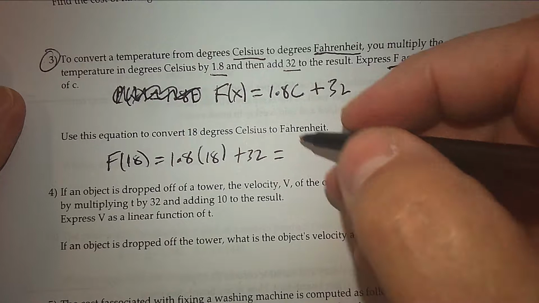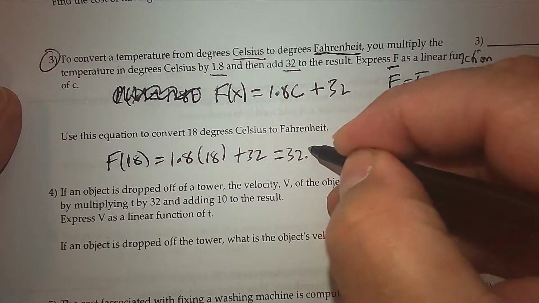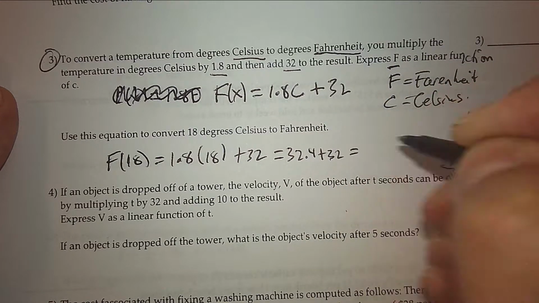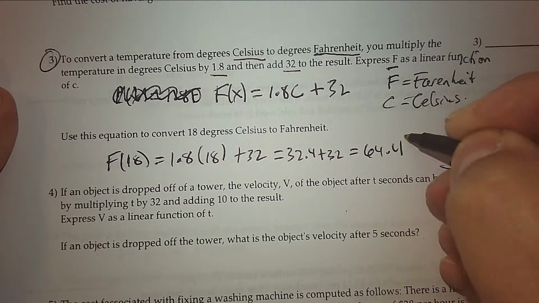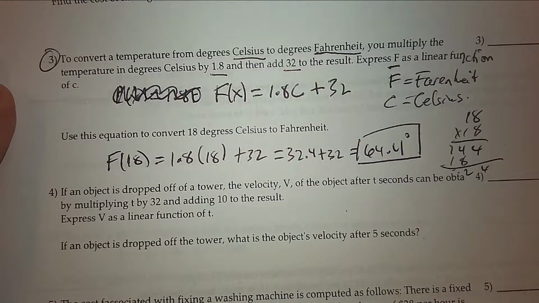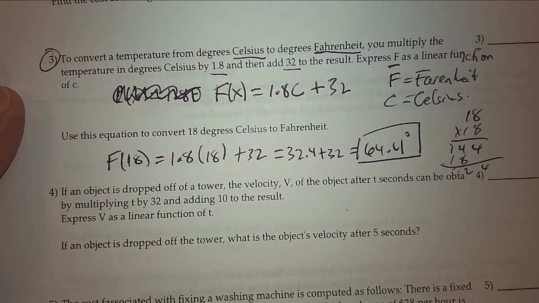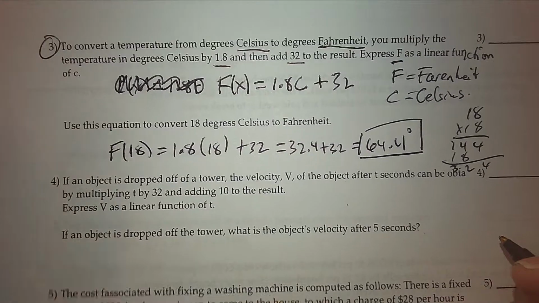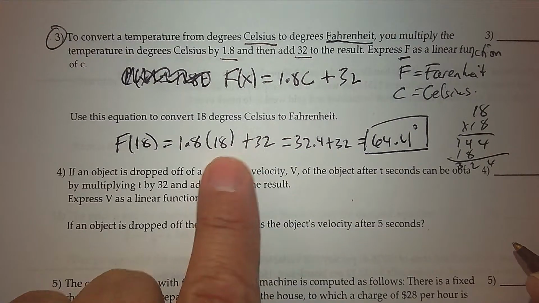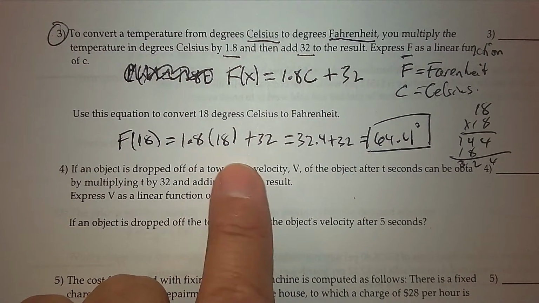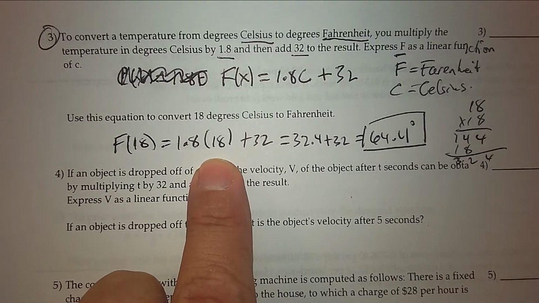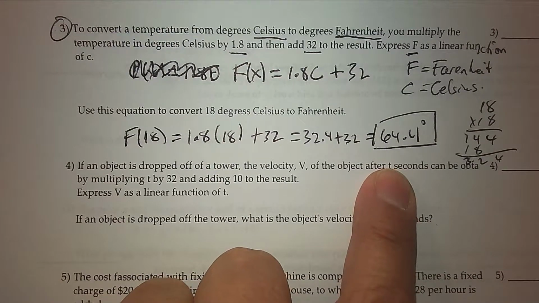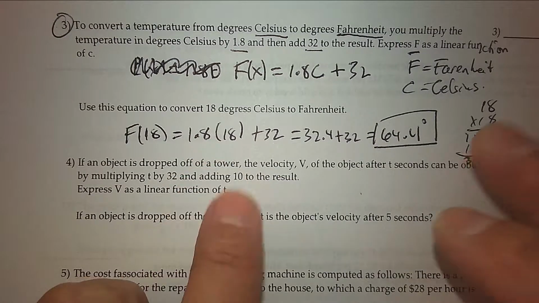And move the decimal. Did anyone else get 324? 18 times 18? Move the decimal. Does that make sense? I grew up with Celsius, so I know that makes sense. That 18 degrees is about 65 degrees Fahrenheit. Anyone else grow up with Celsius? Or you have a sense that would make sense?